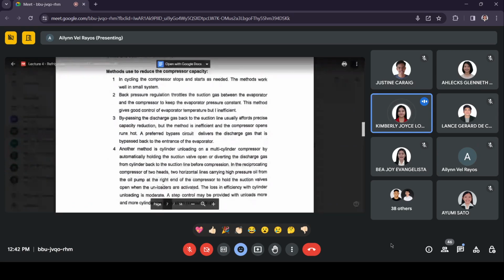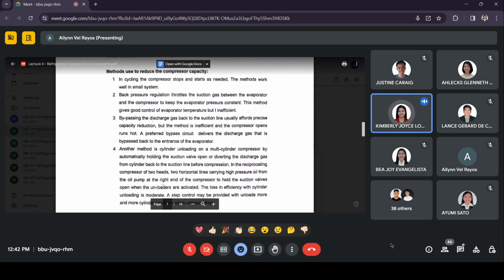Number 2, back pressure regulation throttles the suction gas between the evaporator and the compressor to keep the evaporator pressure constant. This method gives good control of evaporator temperature but is inefficient. Bypassing the discharge gas back to the suction line usually affords precise capacity reduction, but the method is inefficient in that the compressor runs hot.